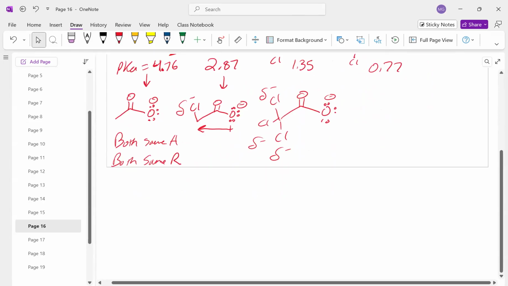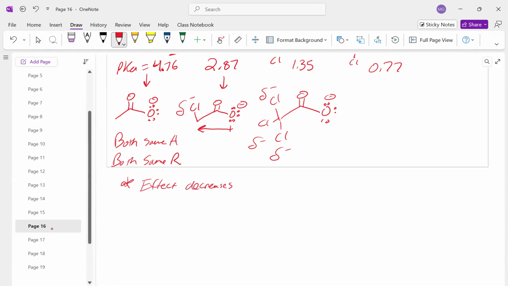I do want to highlight the effect decreases the farther away the atom is.